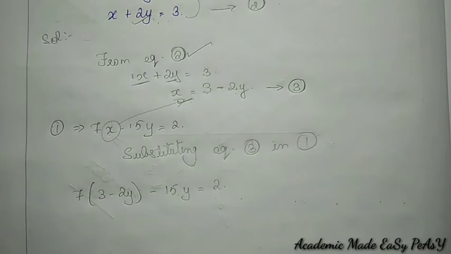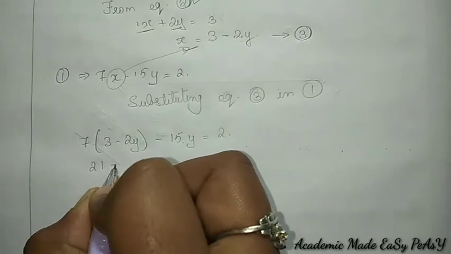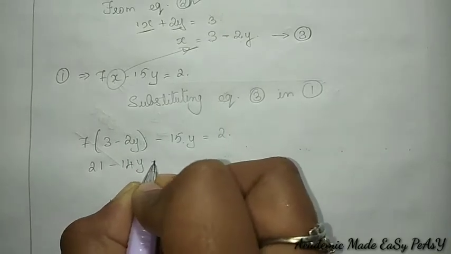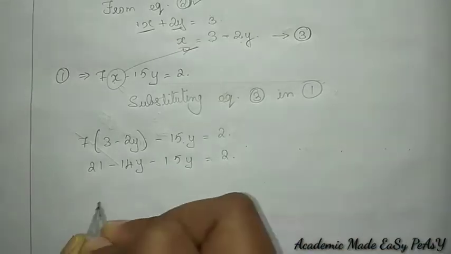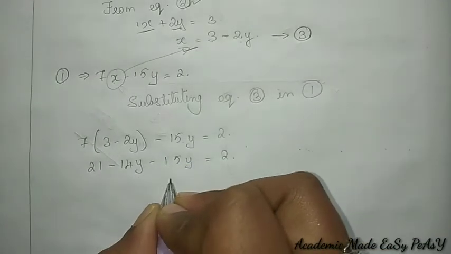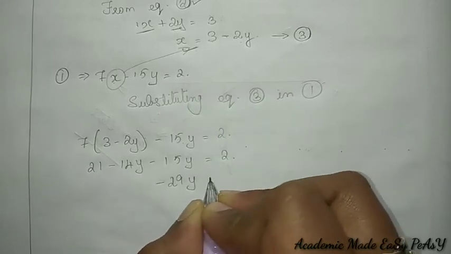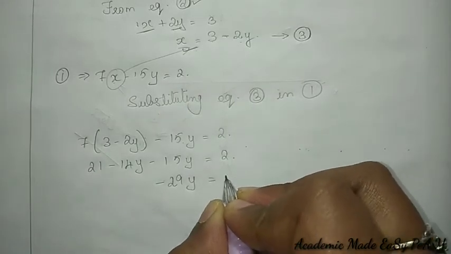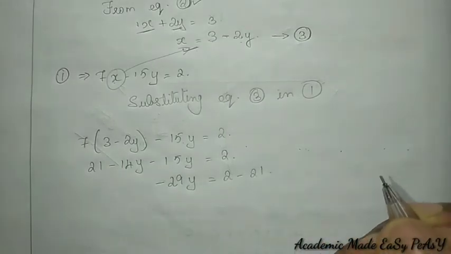Now I will start simplifying through the usual method. I will be multiplying first. So 21 minus 14y minus 15y is equal to 2. So this will become minus 29y is equal to 2 minus 21.